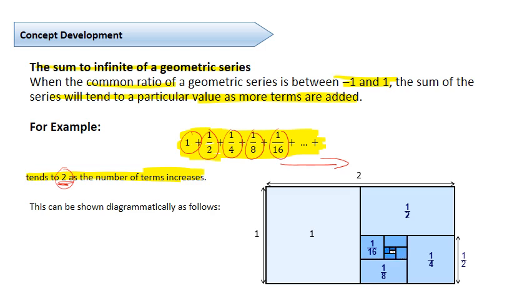Eventually we get a rectangle with side length 1 and width 2, and its area, which is length times width, equals 2. And this is what I mean by summing all of the areas, or summing all the terms in the geometric sequence. We should get 2.